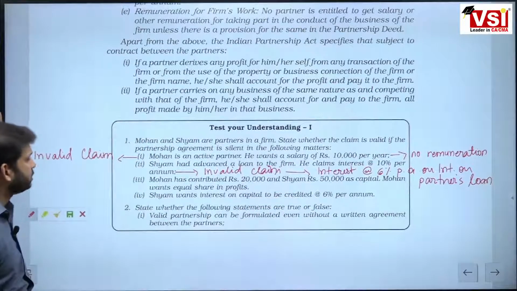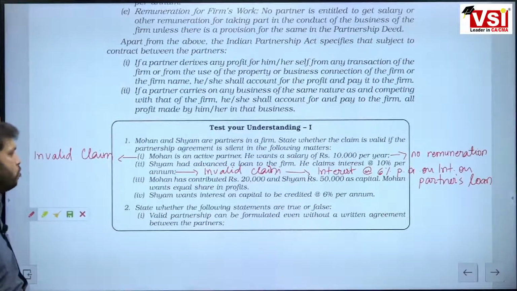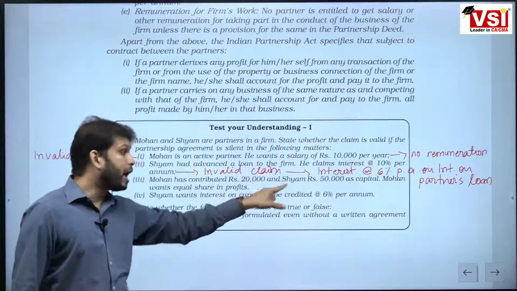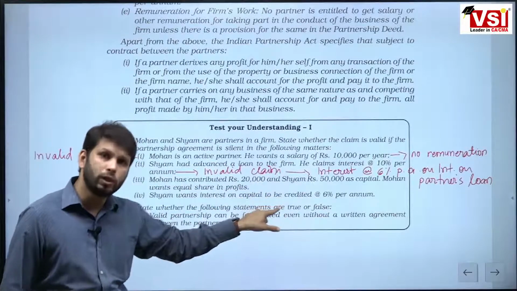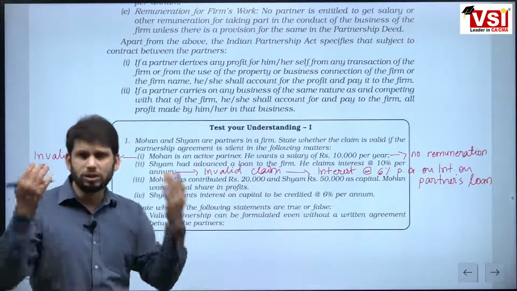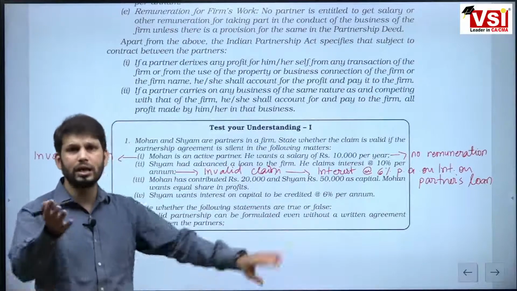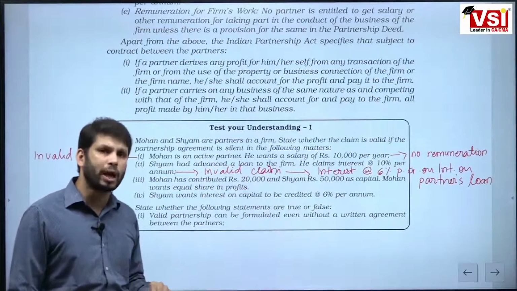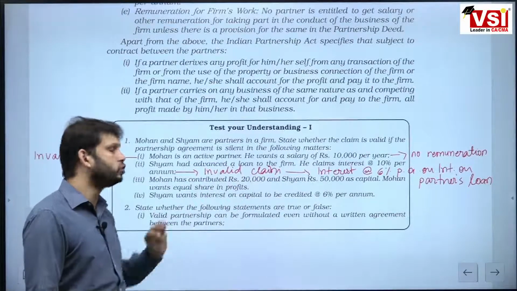The third claim is Mohan has contributed 20,000 and Shyam has contributed 50,000 as capital. Mohan wants equal share in the profits. See, the capital is not equal, but he wants equal share. Logically, it comes to our mind that when Mohan has contributed less capital and Shyam has contributed more capital, then Shyam should get more and Mohan should get less.